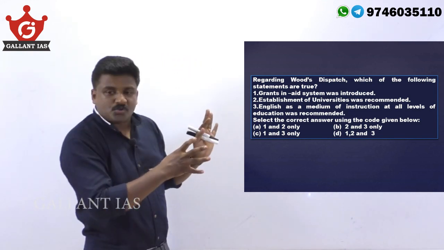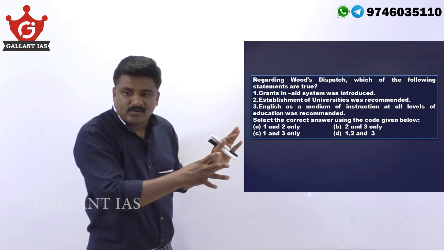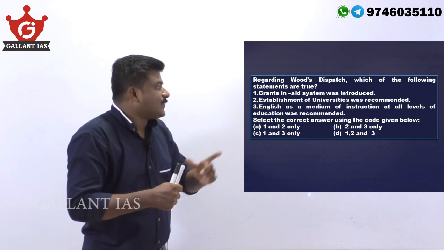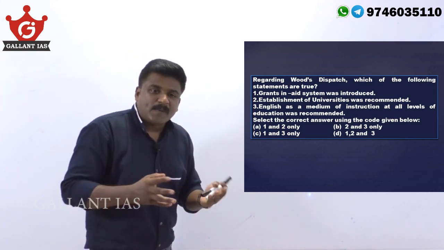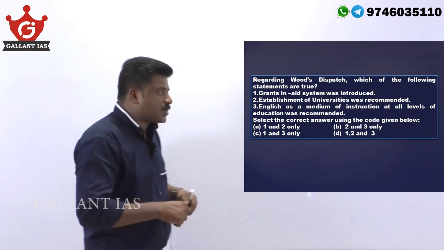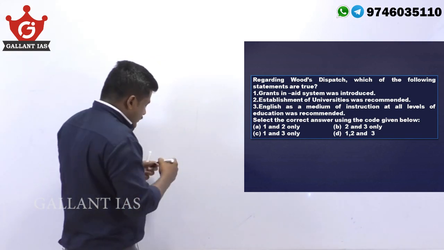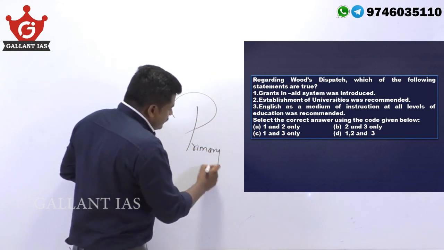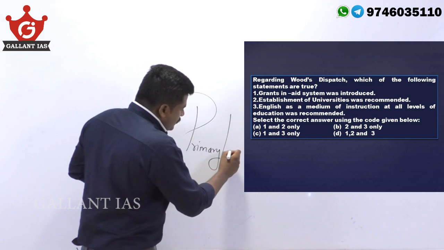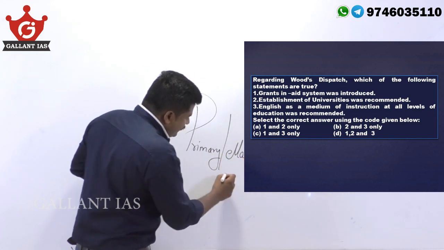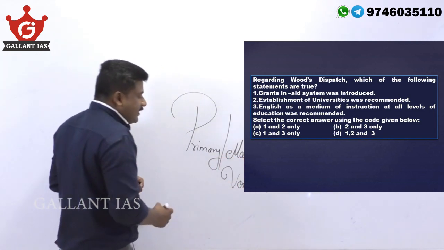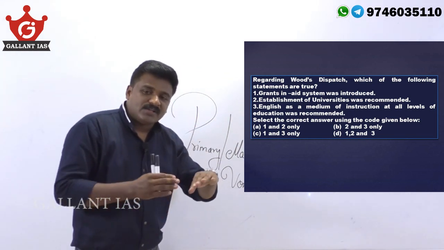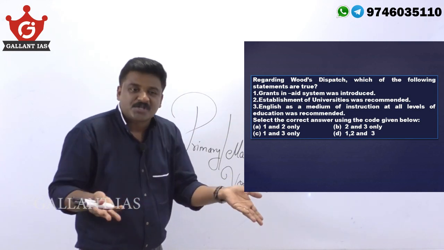So just look into this question and take the third statement only. English as a medium of instruction at all levels of education was recommended. Wood's Dispatch, you know, was the Magna Carta of English education. It provided for primary education, mass education, vernacular education, female education, etc. So if education at all levels is in the medium of English, then mass education is not possible.